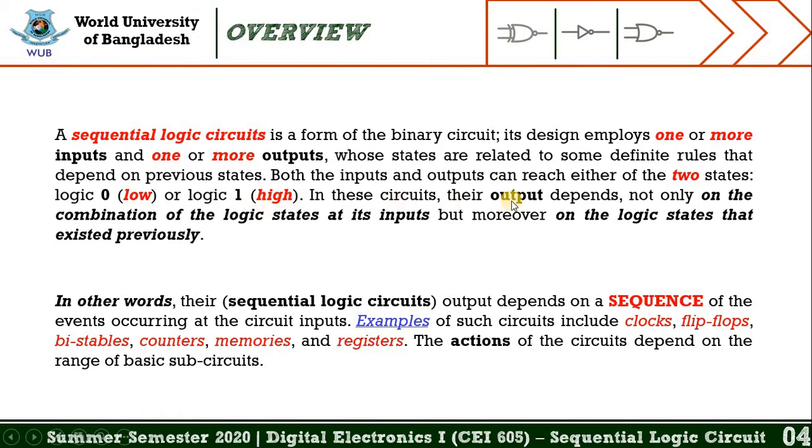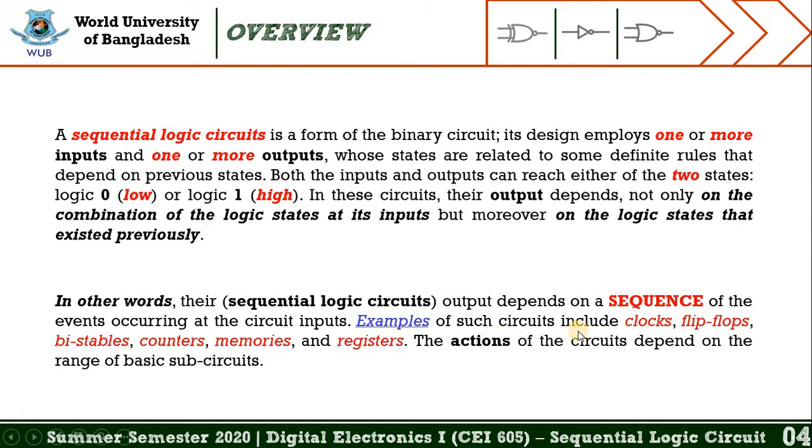In these circuits, the output depends not only on the combination of the logic states at its inputs, but moreover on the logic states that existed previously. In other words, the output of sequential logic circuits depends on a sequence of the events occurring at the circuit inputs.